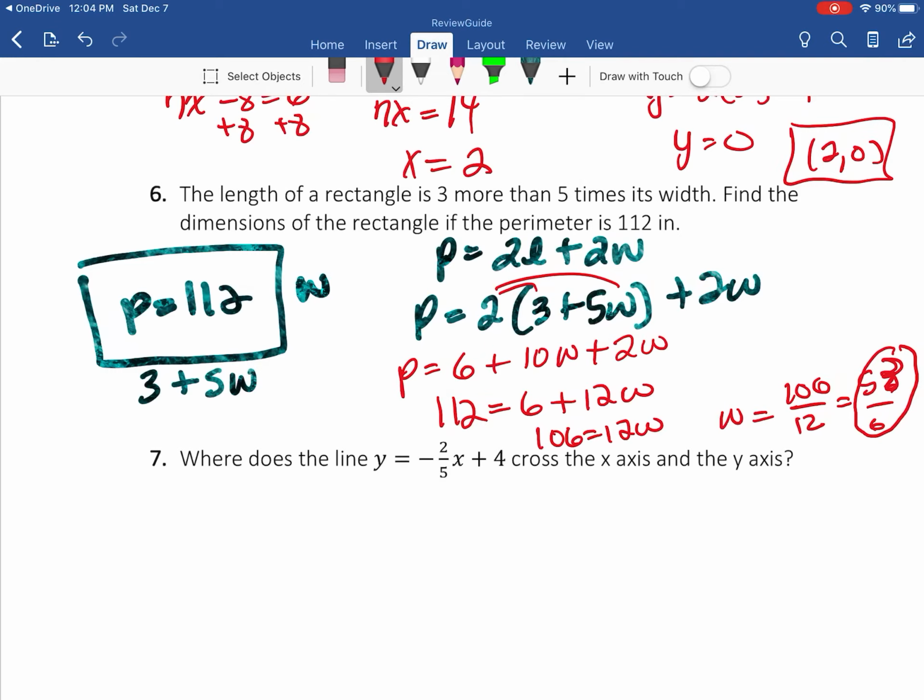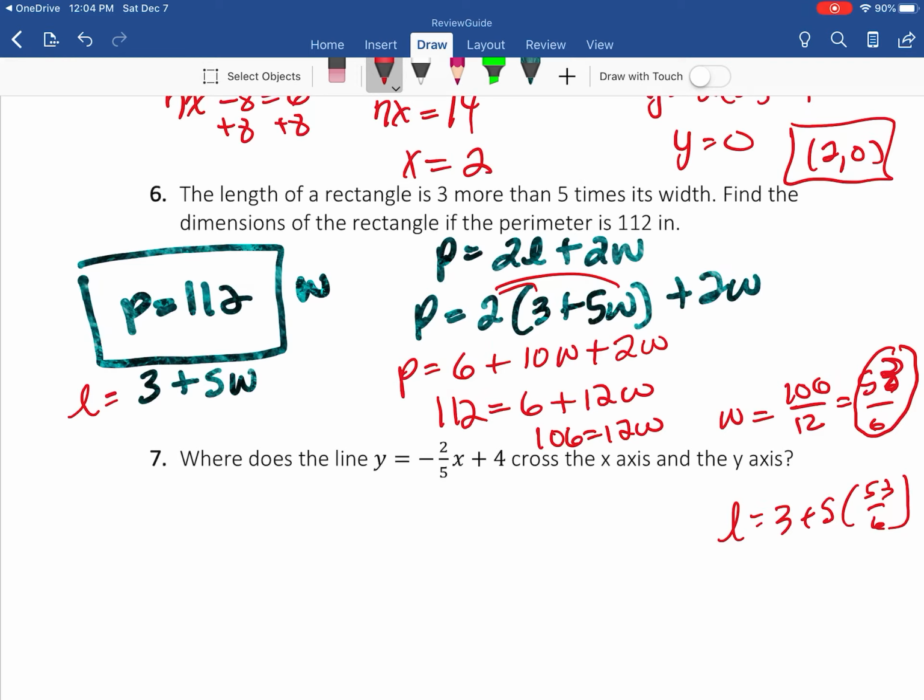We need to find our length. So length is going to be equal to, we said over here, length is equal to 3 plus 5W. So I'm going to say 3 plus 5 times 53 over 6. Sorry, I didn't give you nice numbers on this one. Let me use a different calculator because the calculator I'm using right now is not letting me do fractions.